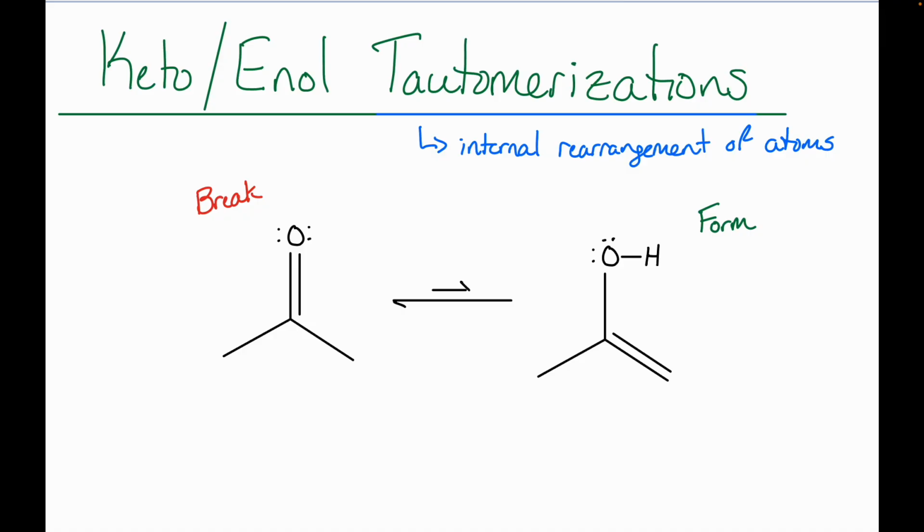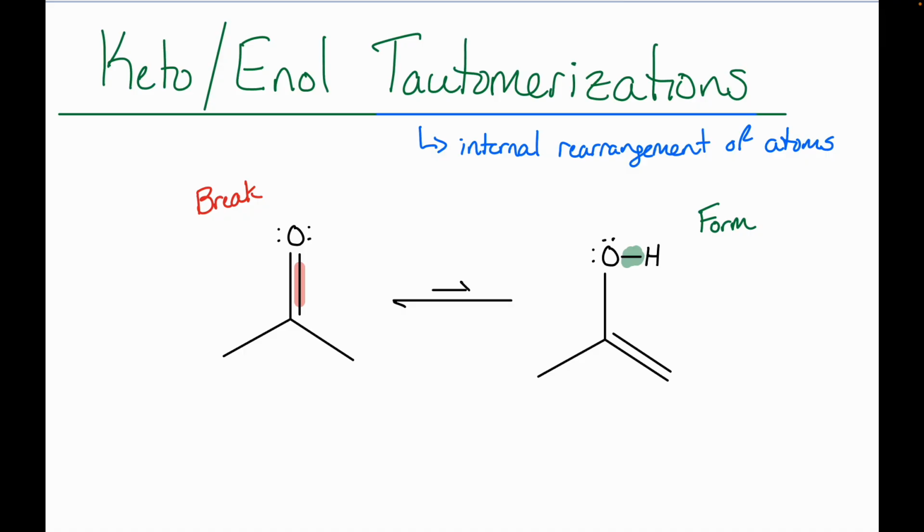All right, what bonds do I need to break? Who's got a bond to break for me? Which one? The carbon-oxygen double bond. Yeah, I'm going to need to break one of those. Break my pi bond. All right. What about forming? So I need this bond here.